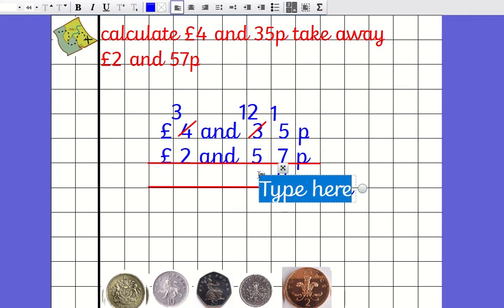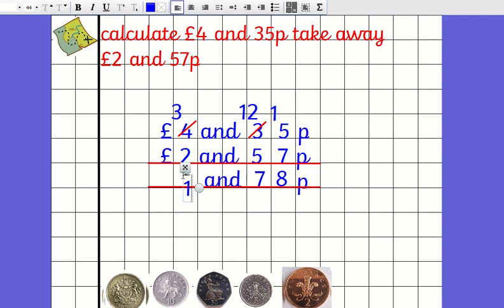What do you think that is? 7, if you were shouting, well done. Write the and in. 3 take away 2 is 1, and don't forget that pound sign. I have just realised though, I've forgotten that sneaky subtraction sign again. Let's hope you aren't all as forgetful as Miss French today.